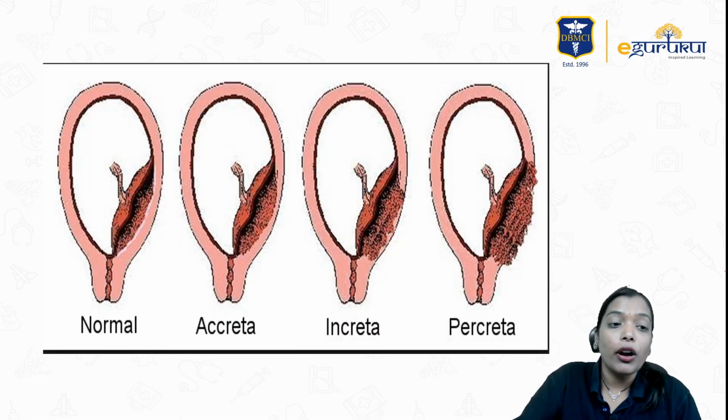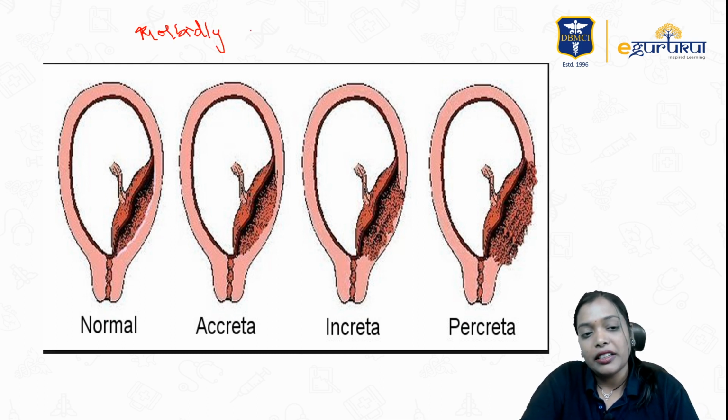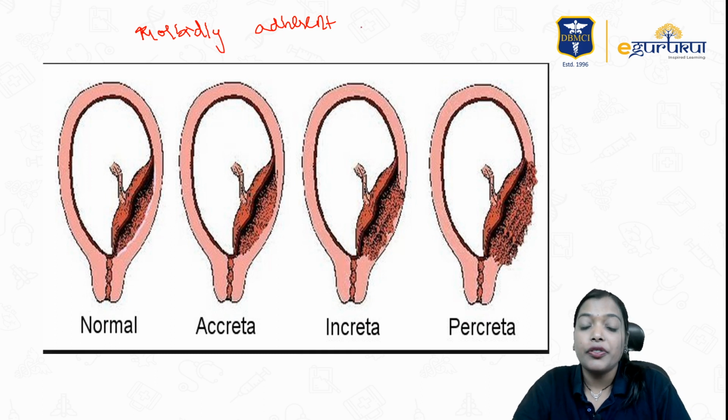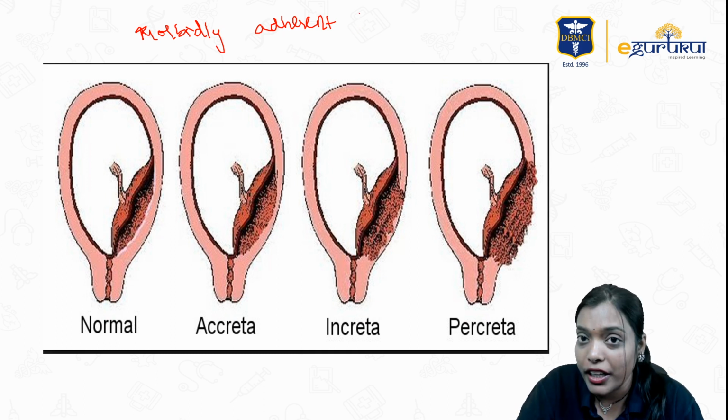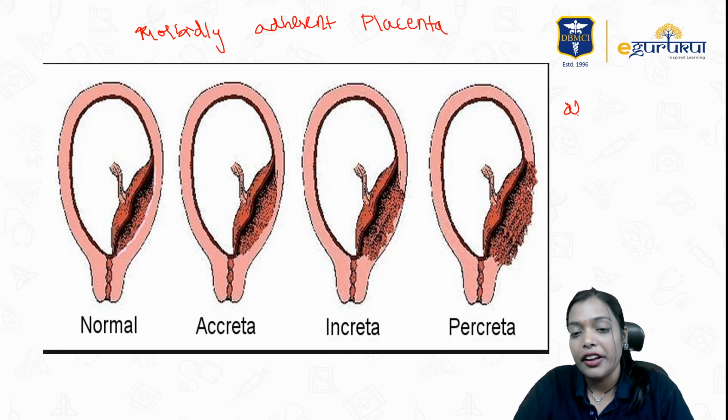Next, we have morbidly adherent placenta. Normally, the placenta gets attached only to the endometrium. The layer which prevents the placenta from going beyond the endometrium is the Nitabuch fibrinoid layer.